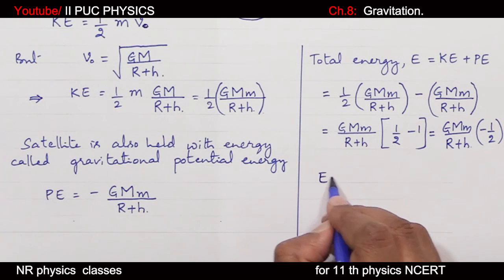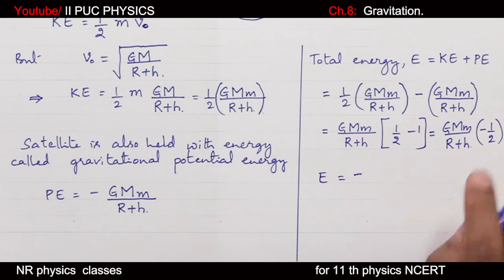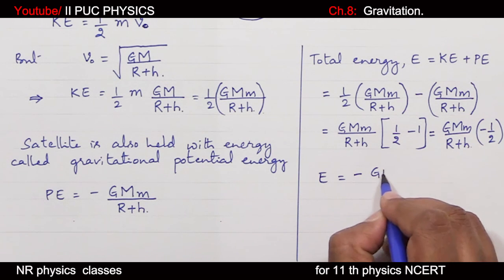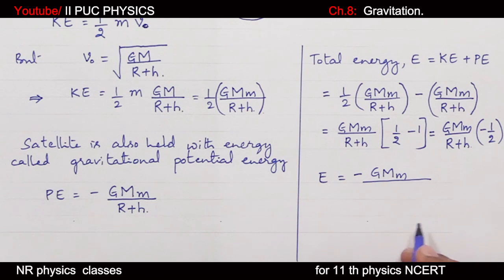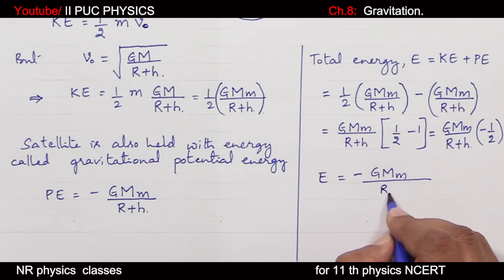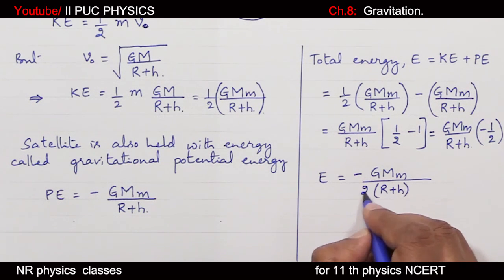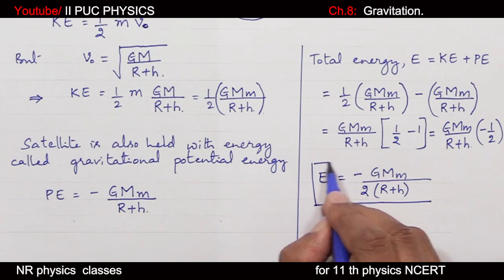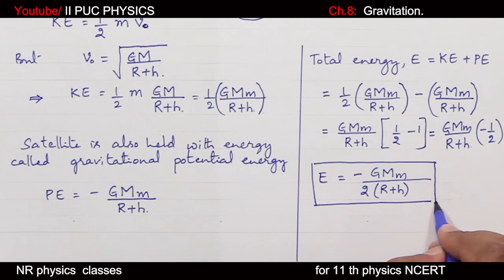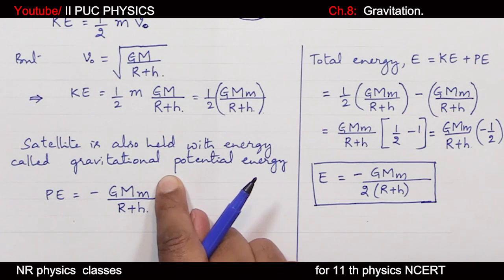Therefore total energy equal to minus GM by 2(r plus h). This total energy is also with negative sign, means satellite has both kinetic and potential energies.